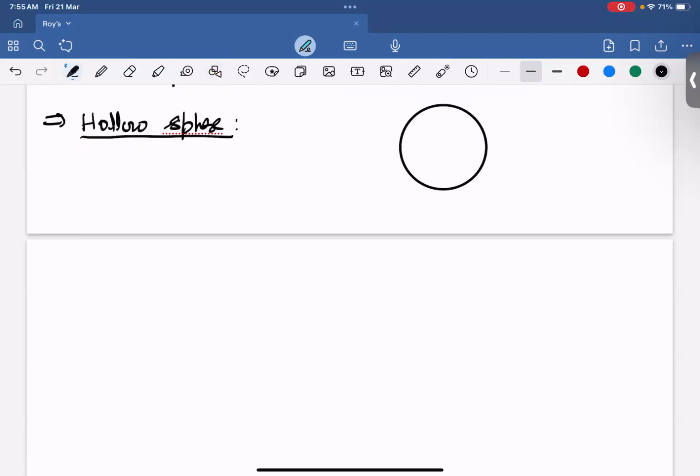It means that if you take any point inside, the field is going to be zero. If you take an outside point, let's suppose I take the point here outside at some distance x.